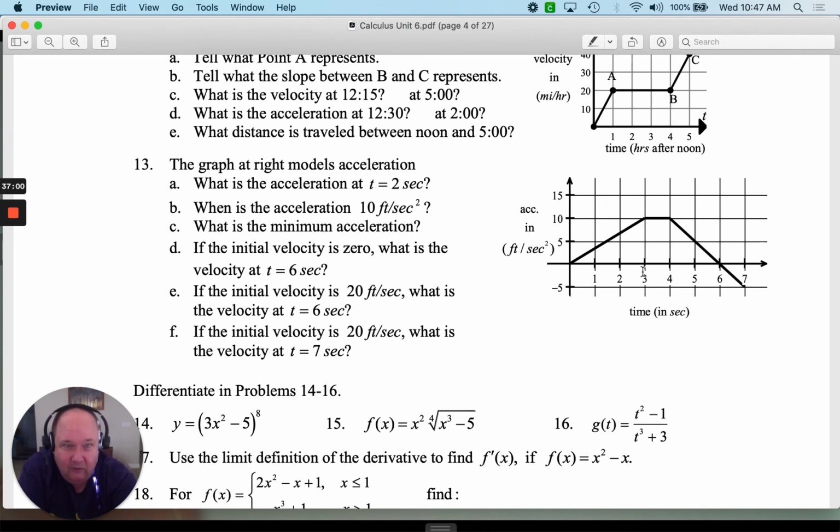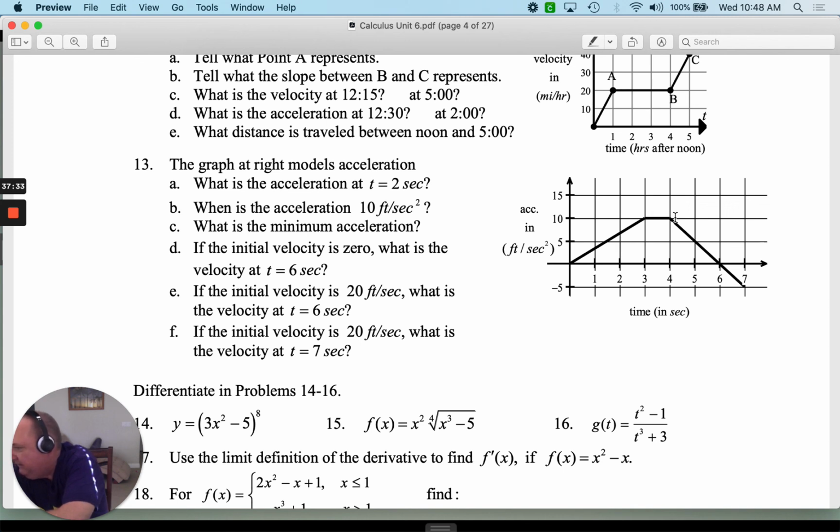A rectangle, that's 1 times 10. And then another triangle, half of 2 times 10. So if I put that together, half of 30, 10, half of 20, I get 35, and it's 35 feet per second. So the velocity at 6, I get 35 feet per second.